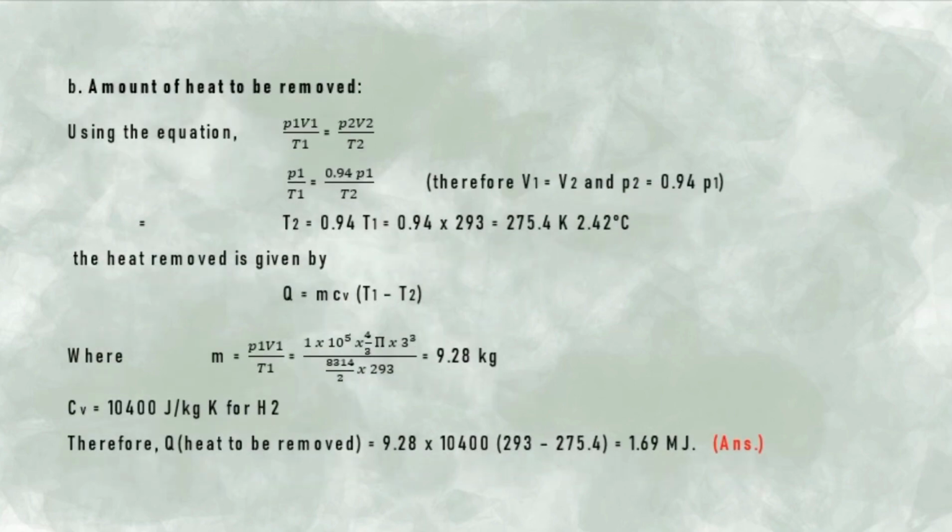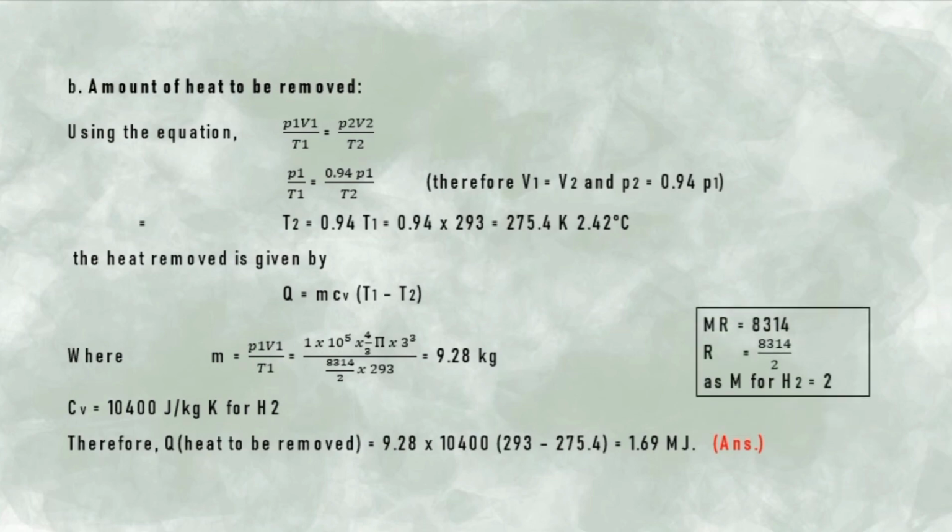And now for the amount of heat to be removed, using the equation P1V1 over T1 equals P2V2 over T2, we have initial pressure over the initial temperature, and 0.94 P sub 1 over the final temperature.